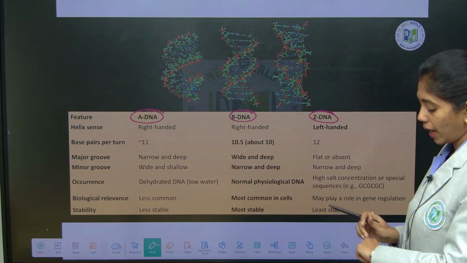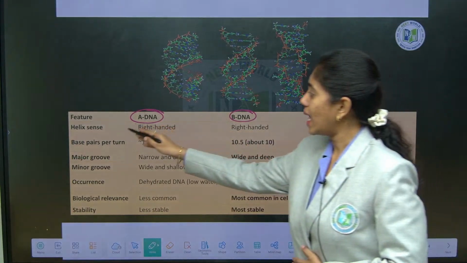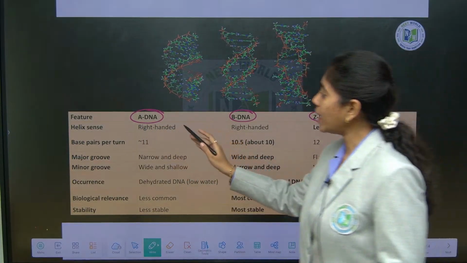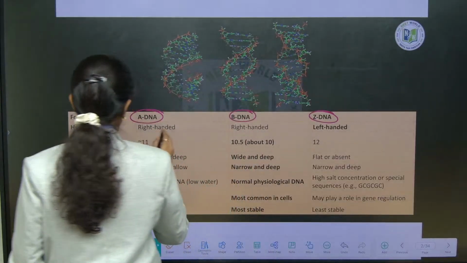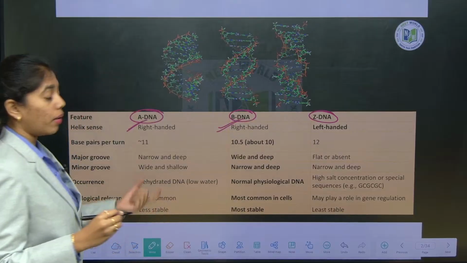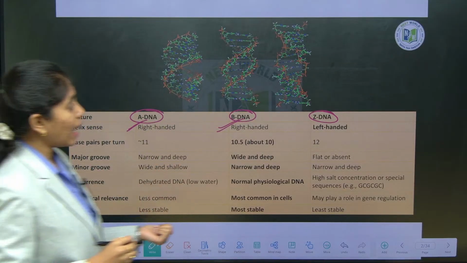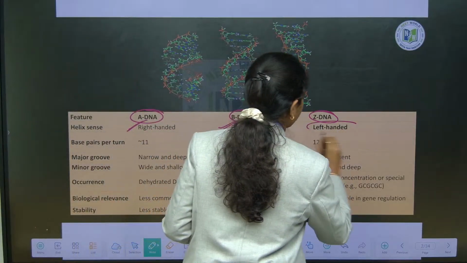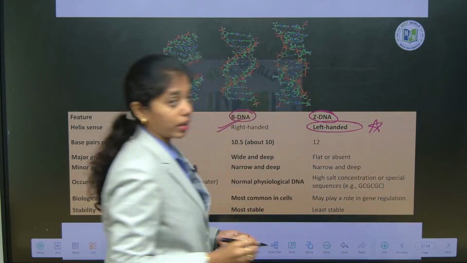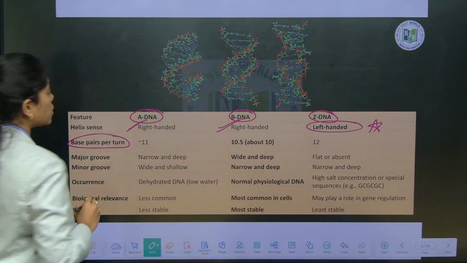First, helix sense: A helix and B helix, both A type and B type DNA are right handed DNA, whereas Z type DNA is left handed. Remember this, very important.